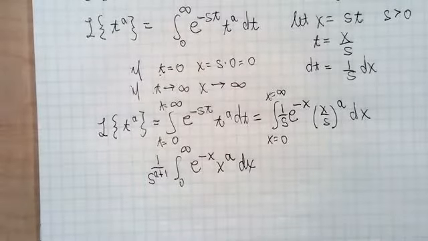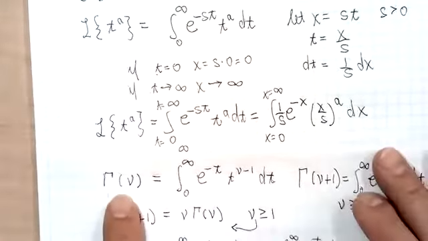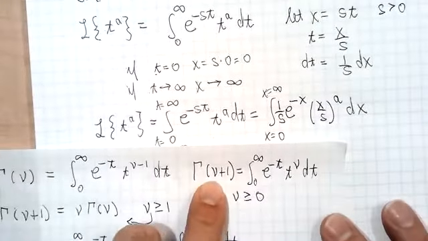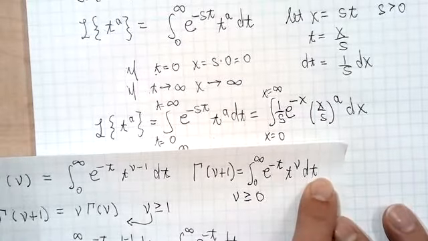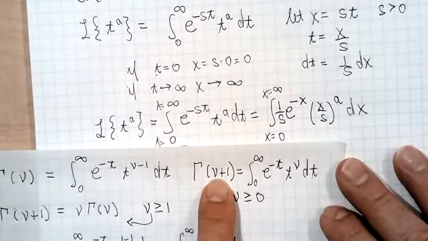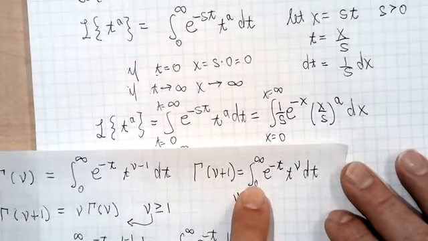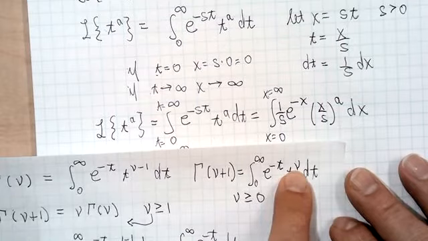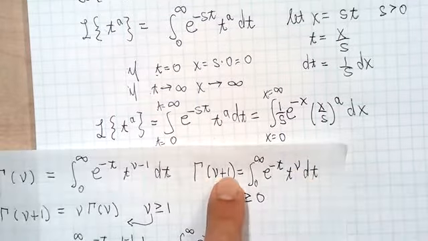But remember, gamma of nu plus 1 is the integral of e to the minus t, t to the nu dt. So if you wrote this in terms of x, it'd be gamma of nu plus 1, 0 to infinity, e to the minus x, x to the nu dx. With a, that would be a plus 1 in there.